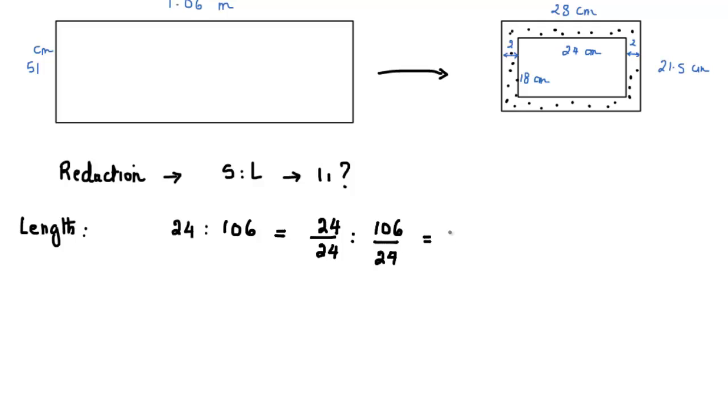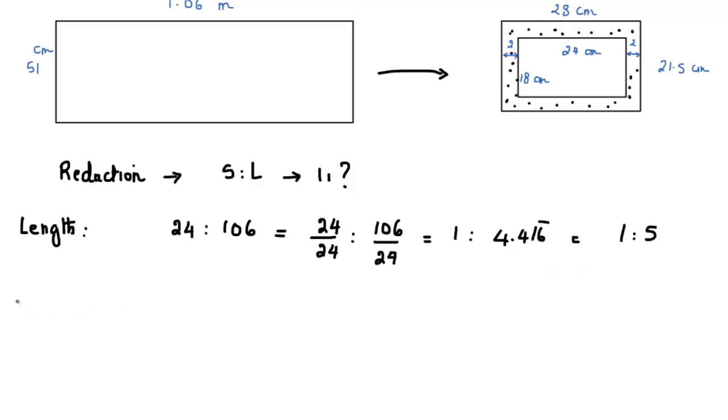So 24 divided by 24 will give me 1. 106 divided by 24 is approximately 4.416, something like that. In this case, as you can see, the scale is going to be 1 to, let's say, 5, round it up.